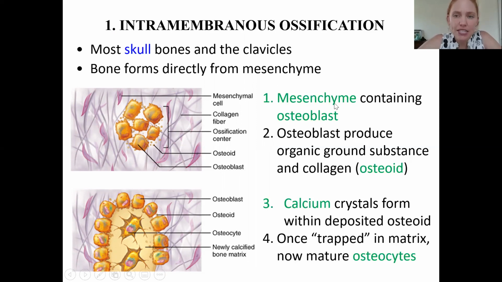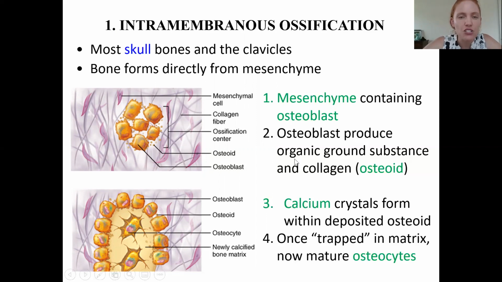Now remember that mesenchyme is the embryonic fetal tissue that gives rise to all of the other connective tissue types. And in that mesenchyme, we have stem cells that will become osteoblasts. Now, what do osteoblasts do? Osteoblasts secrete the organic part of the matrix.